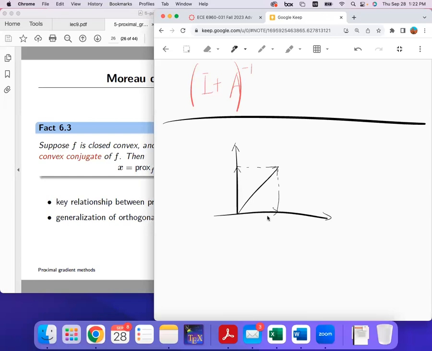Right. And this happens in Euclidean space, where we talk about Euclidean geometries and possibly linear functions. It's like projection onto a linear subspace. But we can extend this idea to a nonlinear space by using the proximal mapping.